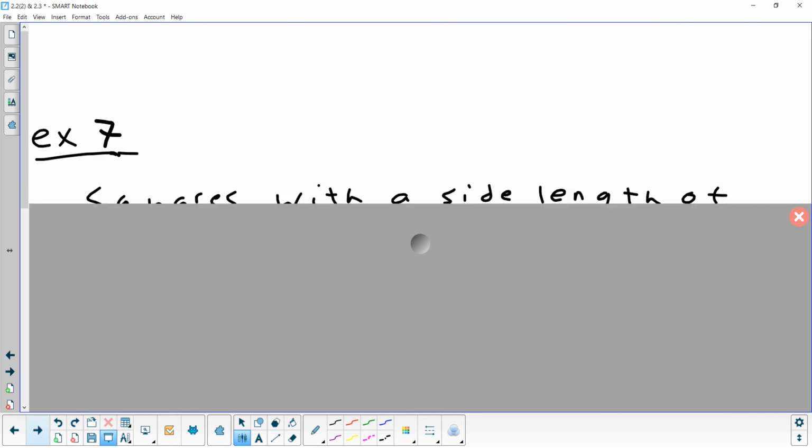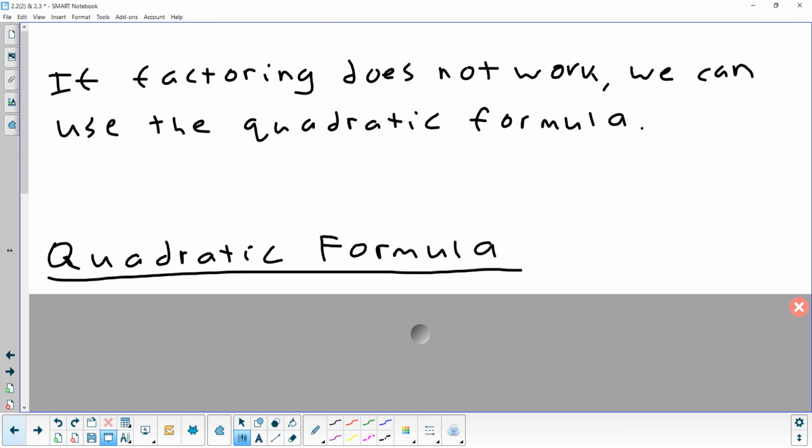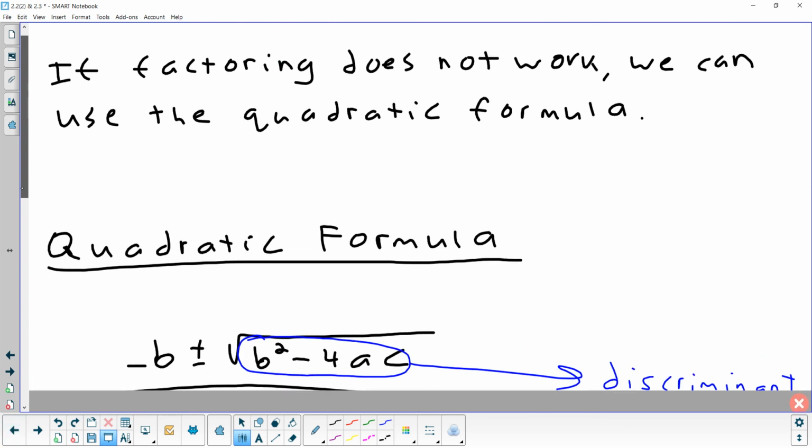Now, if factoring doesn't work, then we have to use the quadratic formula. Now, you can use the quadratic formula all the time, even on a factoring problem. It's just, if you're good at factoring and you can do it quickly, most of the time somebody's going to be able to factor faster than the quadratic formula.